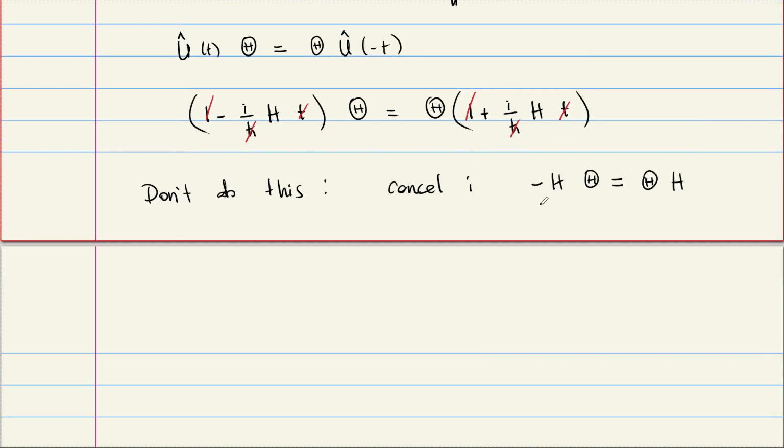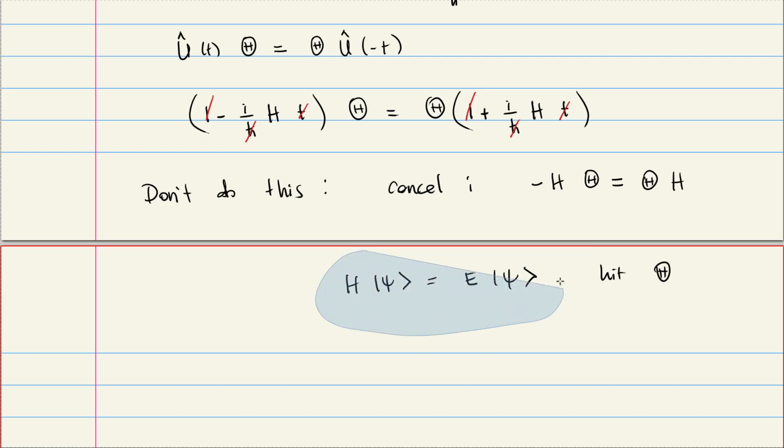So let's think about the time-independent Schrödinger equation, right? H psi is equal to E psi. And let's do our judo move, hit with theta. So I'll just copy this and hit with theta here. E is energy, which is real, so theta should jump over this.